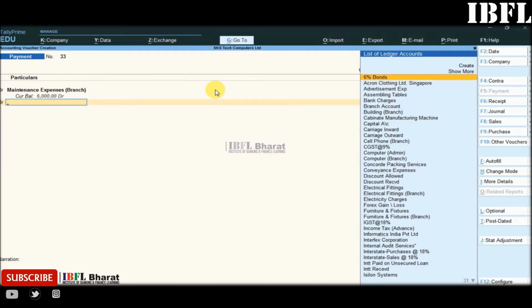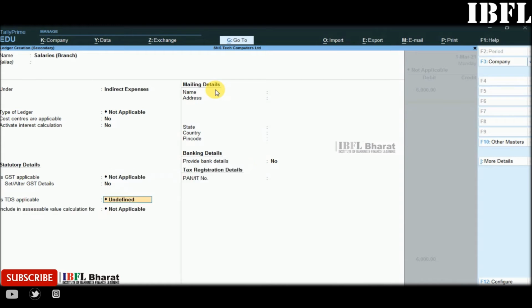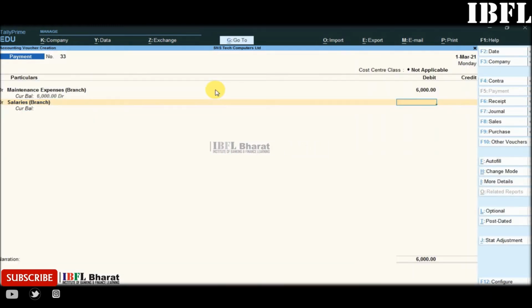These are indirect expenses, there is no GST, and the expenses of the branch are 6,000 rupees. Another debit, and here another expense is salaries to staff. Press Alt C, salaries, and in brackets write branch. Indirect expenses, GST not applicable, and the salaries we are paying are 18,000 rupees.